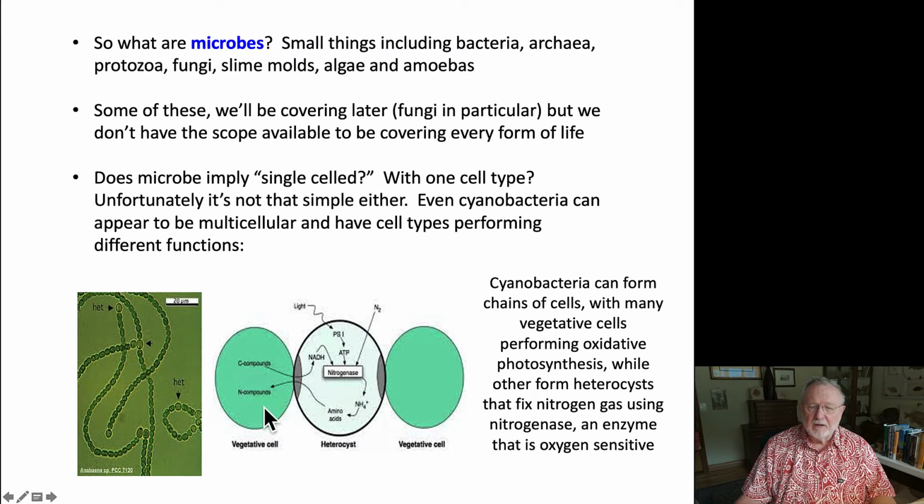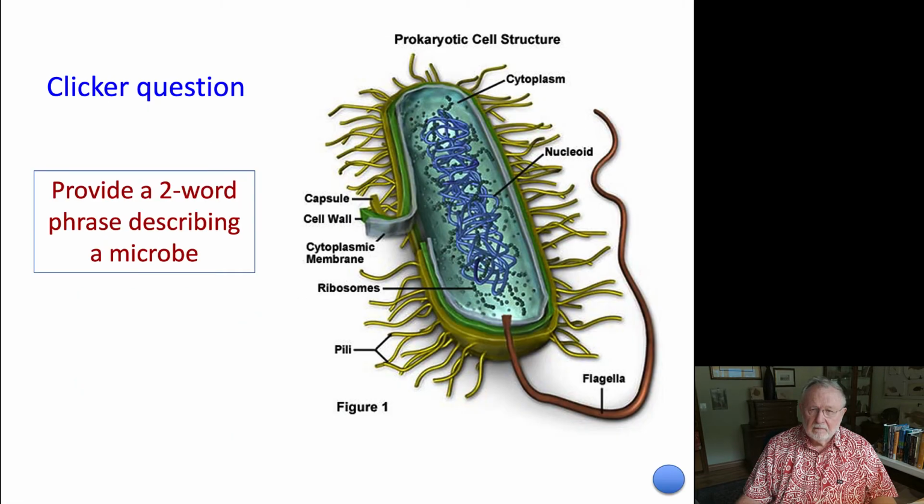You have some cells, called vegetative cells, that are conducting photosynthesis, whereas other cells have a stronger cyst or larger cyst around them, and they perform a nitrogen reduction function, taking atmospheric nitrogen and producing ammonium. We'll talk about this in the next lecture on carbon and nitrogen cycles. But the point here is that these single-celled organisms can form communities.